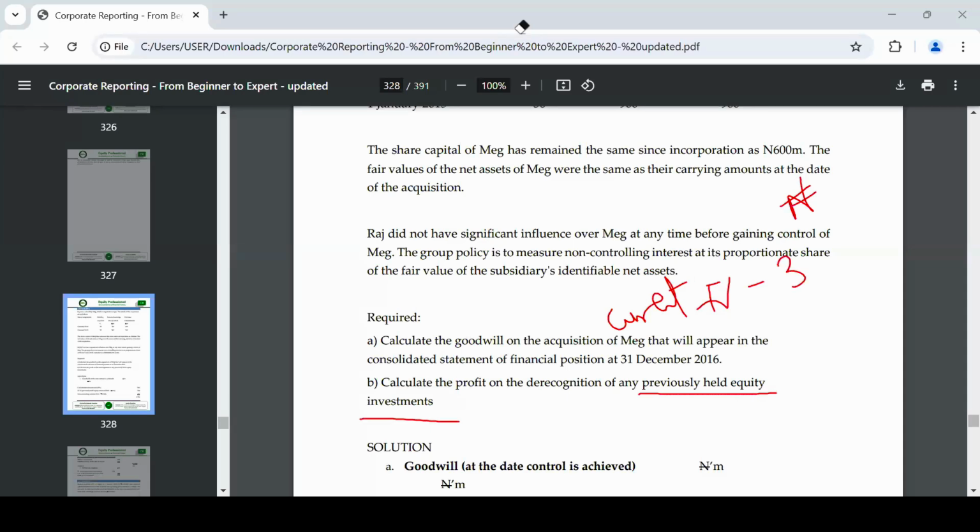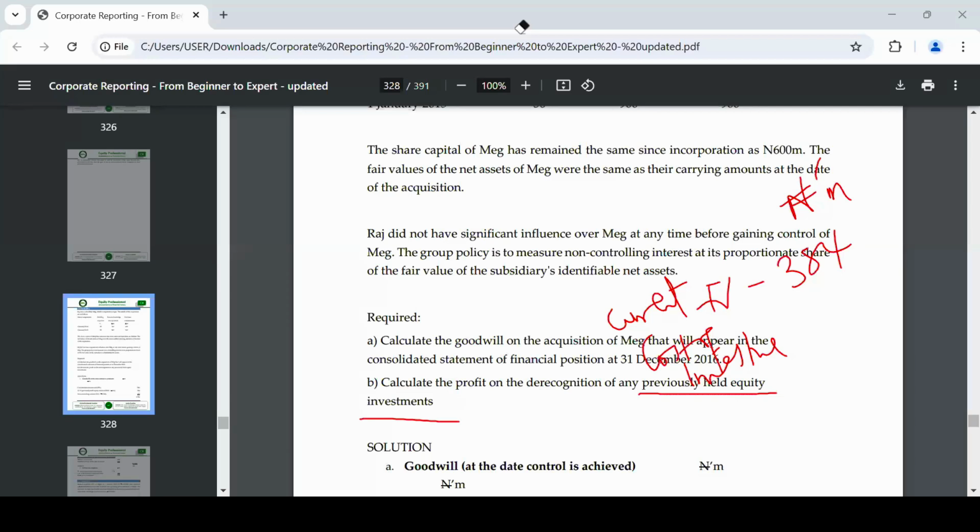We got 384 when we calculated it. The question will now be, what was the cost or carrying amount of the investment? What we are referring to here is the 20% that we previously had. We said the fair value is 384 million.